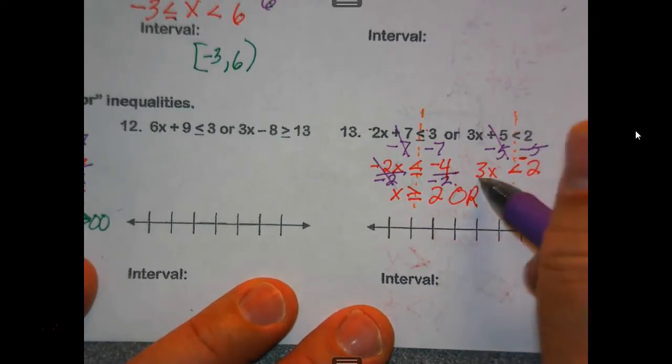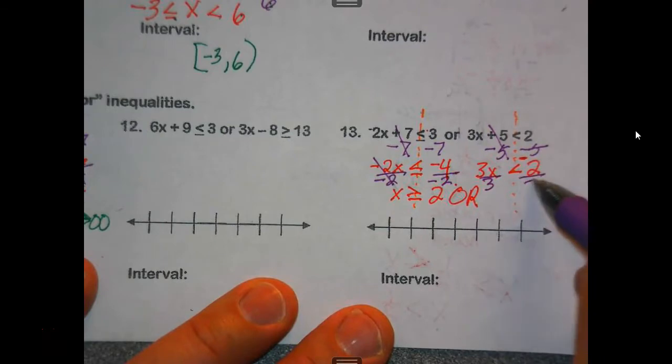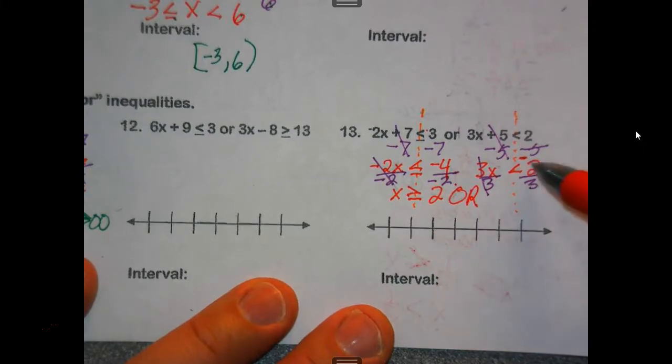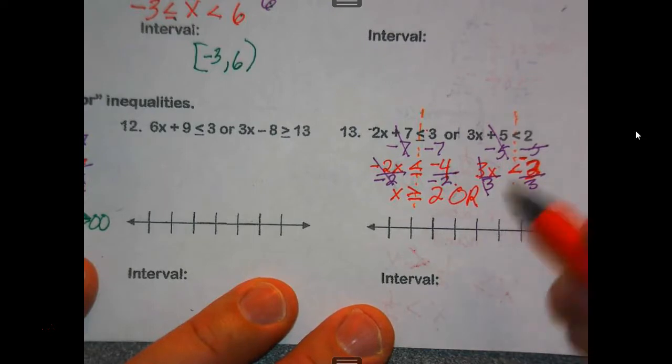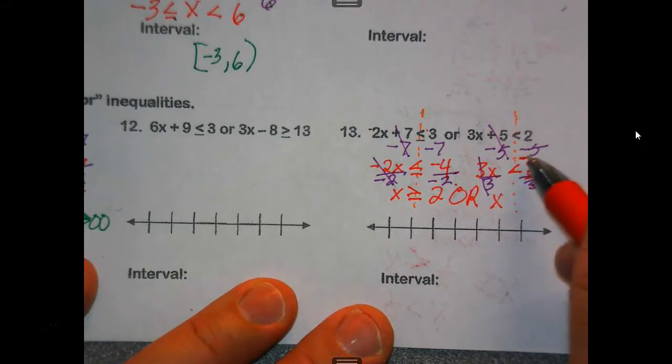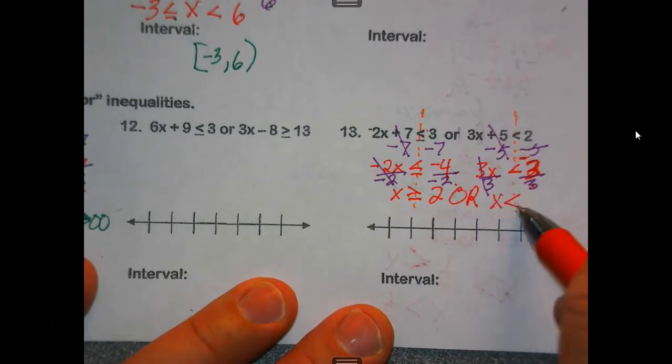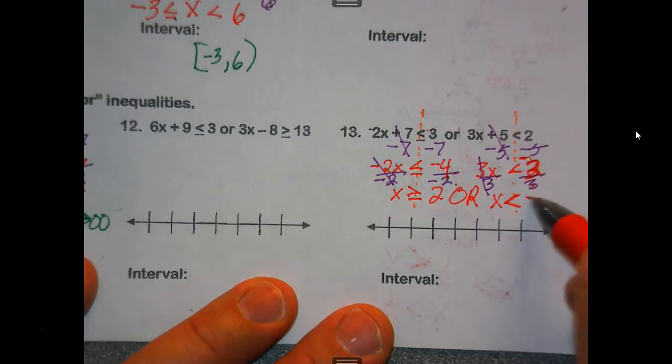Sorry, 3x is less than negative 3. And then divide by 3, divide by 3. Okay, so I get x is, now I'm dividing by a positive number. Even though I'm dividing a negative number, I'm dividing by a positive, so I keep the sign as is. Negative 3 divided by 3, negative 1.